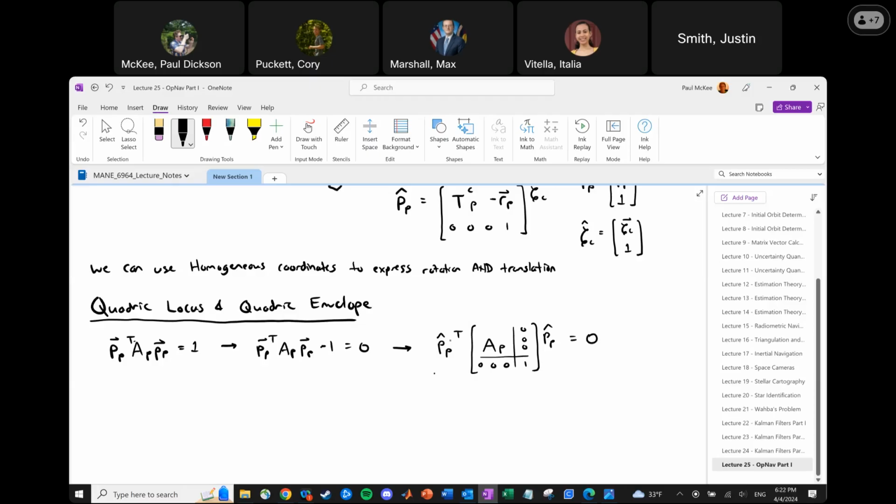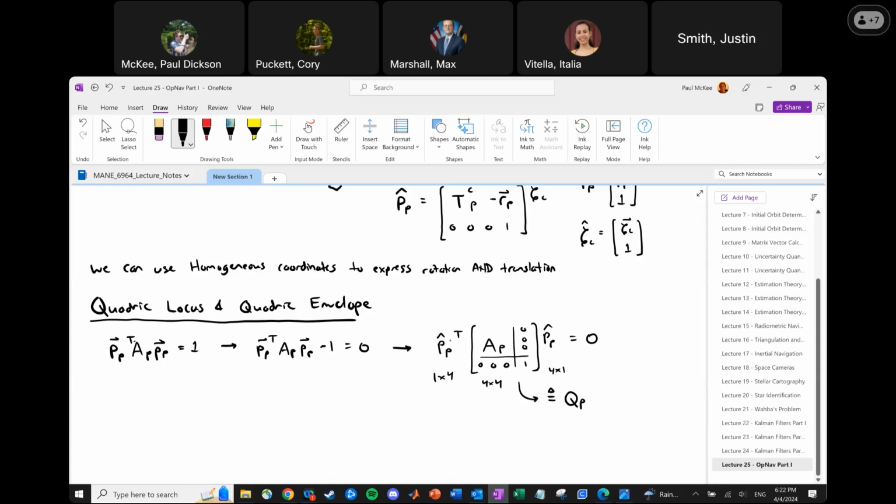So this is a 1x4, this is a 4x4, this is a 4x1. So when you're done multiplying, it had better be a 1x1 or a scalar, which is just 0. And this matrix, A_P, and then zeros on the right and the bottom, and then a 1 on the bottom right, we're going to define this as being Q_P.